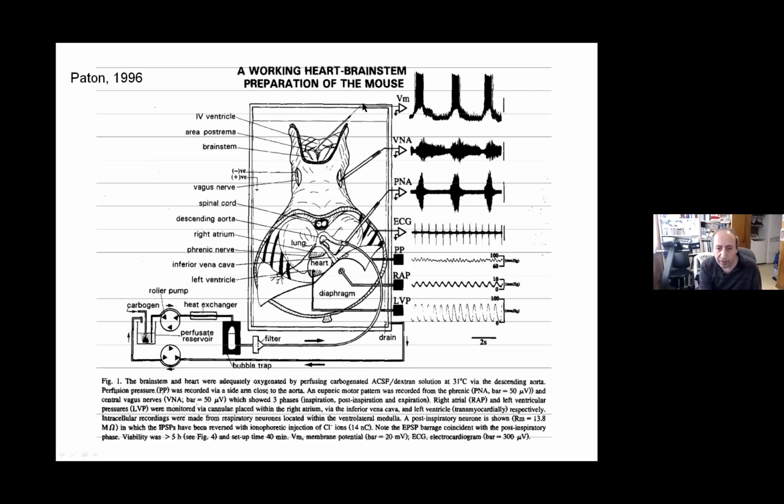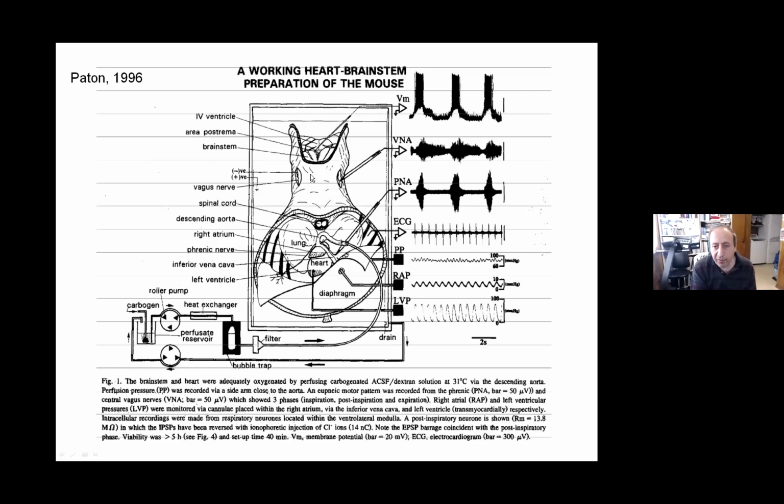Basically, you want to keep the heart and the lung together with the brainstem, and then cut the brain out, cut the rest of the body out, to isolate the cardiorespiratory center, including the central control.